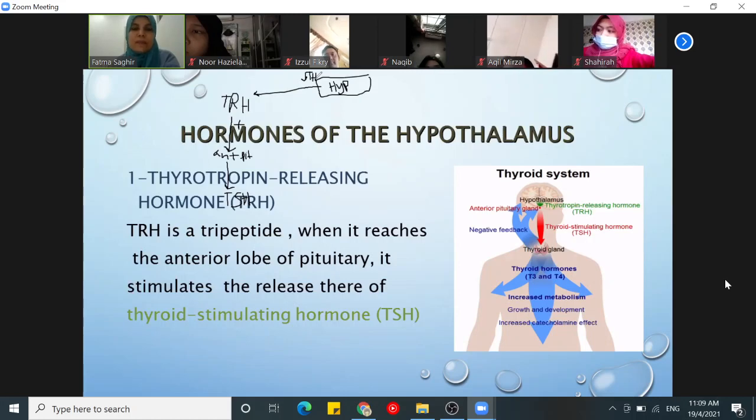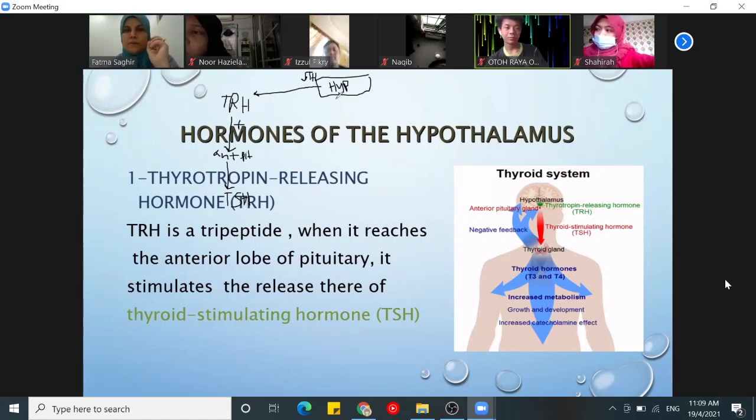So what stimulates hypothalamus to secrete thyroid releasing hormone? Again, hypothalamus secretes thyroid releasing hormone, which stimulates the anterior pituitary to secrete thyroid stimulating hormone. That's it. We stop here.